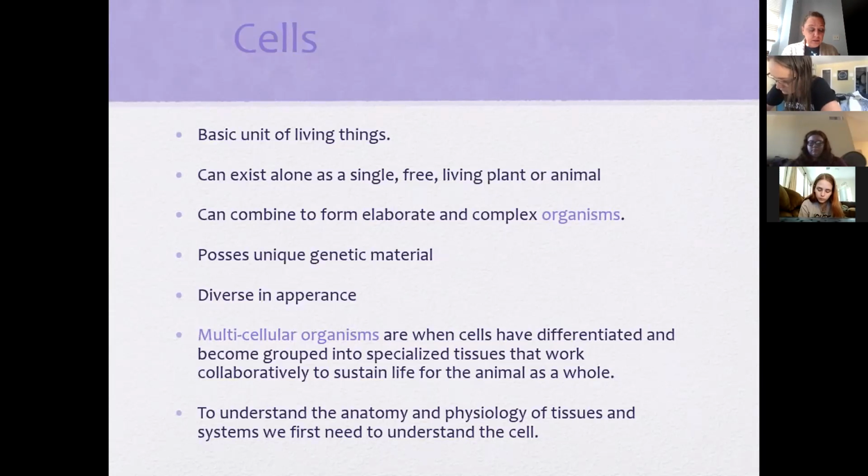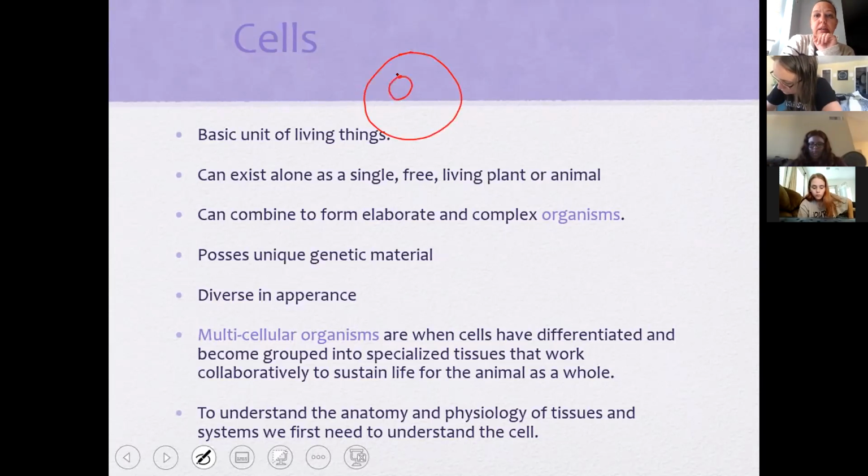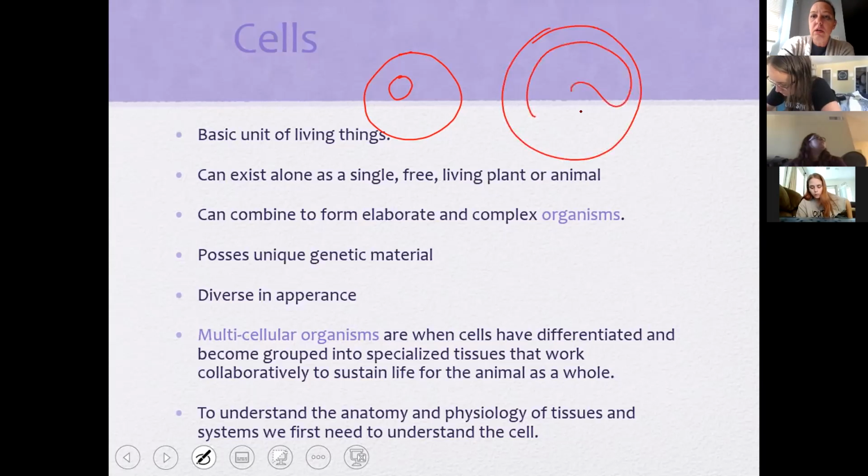Depending on what the cell does, we can have some pretty different looking cells. Here we have just a plain cell with a nucleus. This could be anything. This could be a lymphocyte. Here I'm going to draw a monocyte.